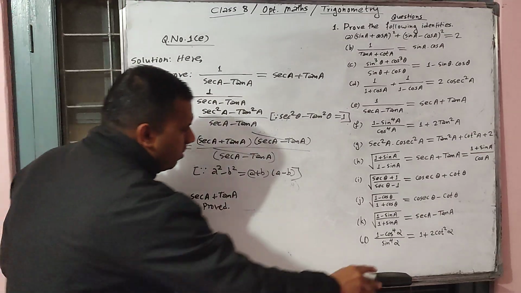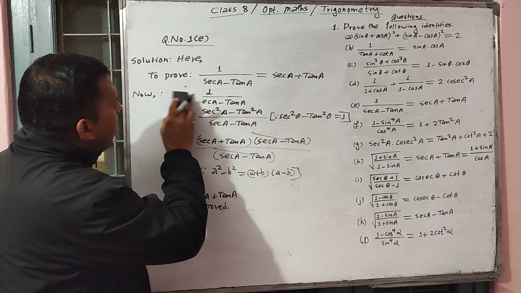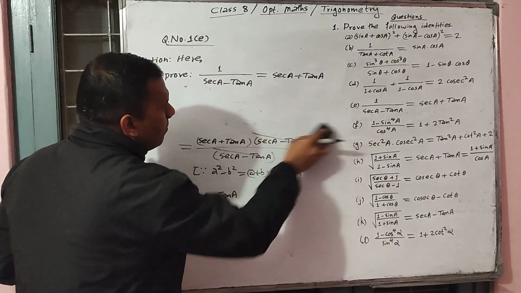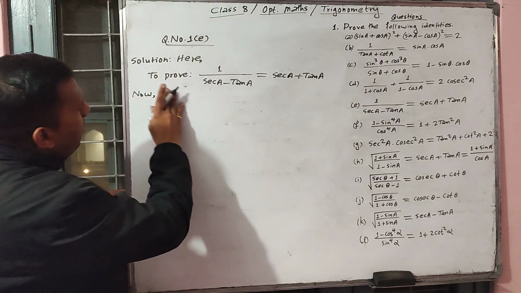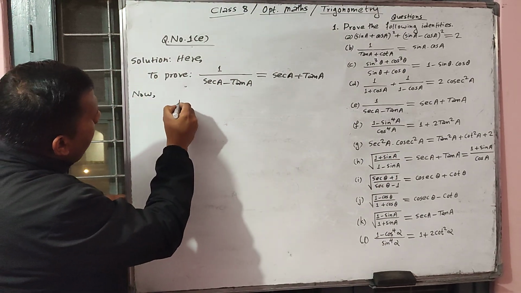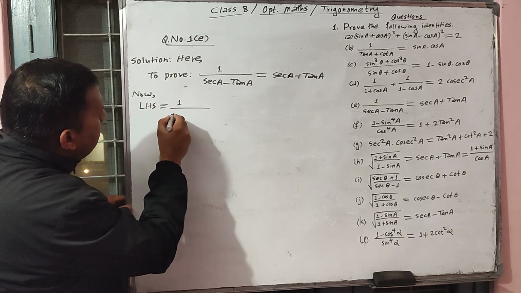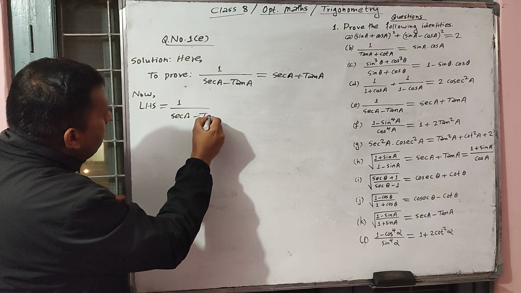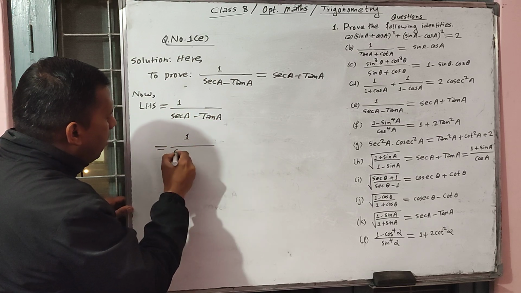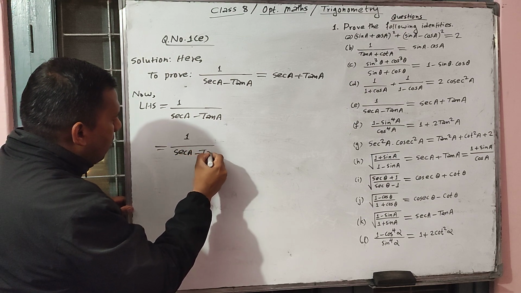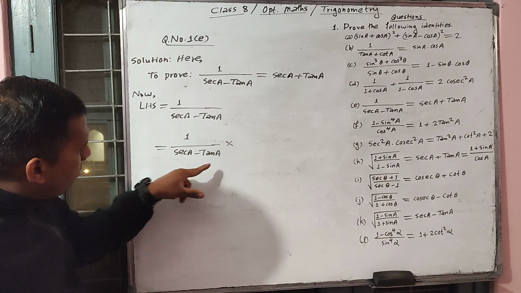Okay students, now we do the same question by the second method. This question can be solved by using another method. Look here. LHS equals 1 upon sec A minus tan A. We multiply this term by the conjugate of the denominator.